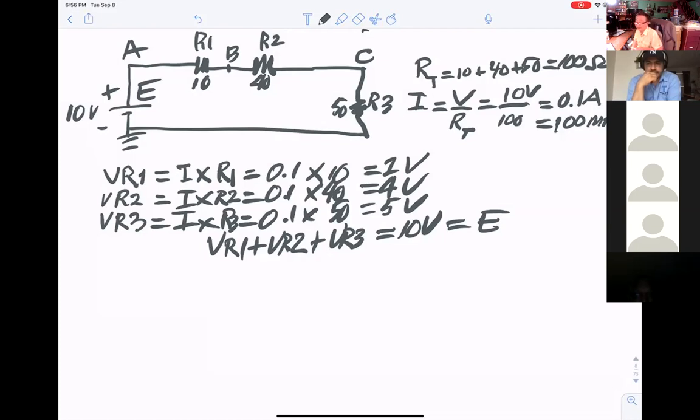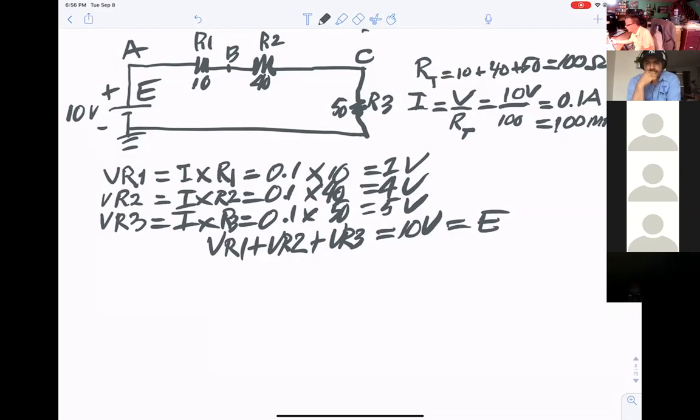You may be losing power somewhere. Basically, all of the power is used by the circuitry, so when you add up, they must be the same total voltage.